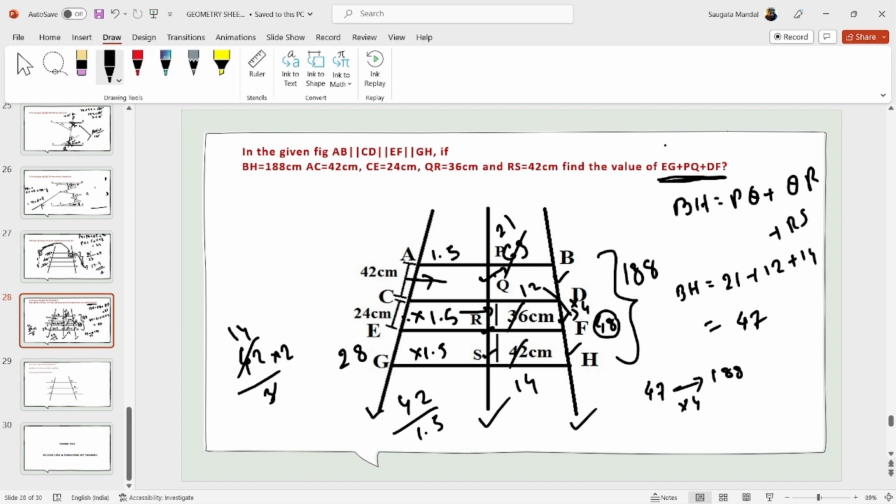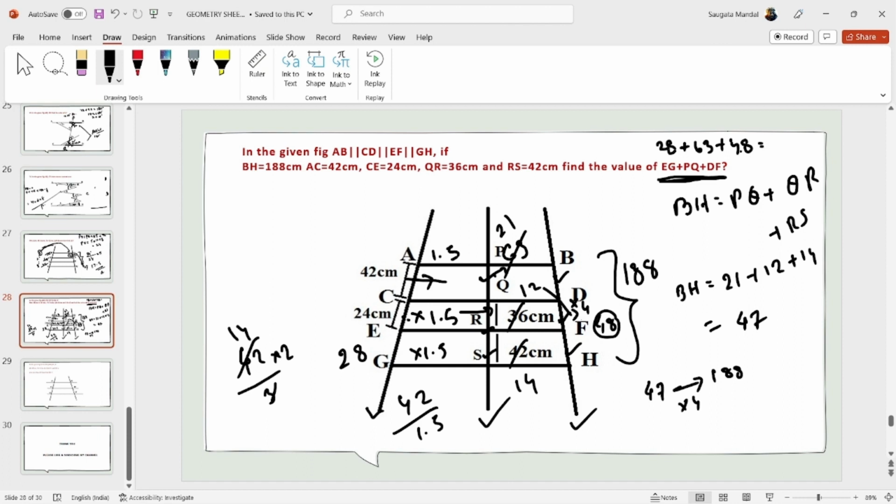Now we can get all the required values. The value of EG is 28. The value of PQ is equal to 63. The value of DF is equal to 48.